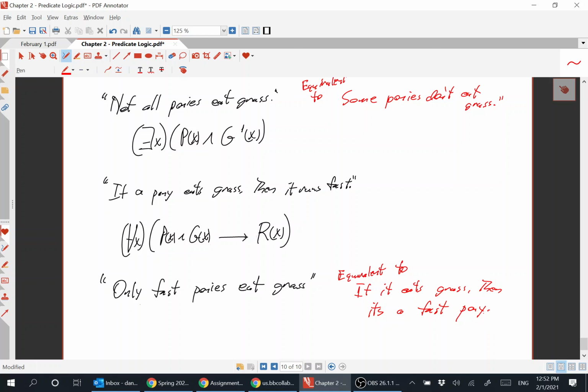If it eats grass, then it's a fast pony. So that leaves out everybody else, right? So this is for every X: if it's a grass eater, then it's a pony that runs fast.